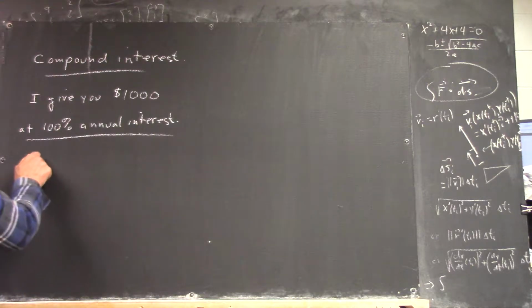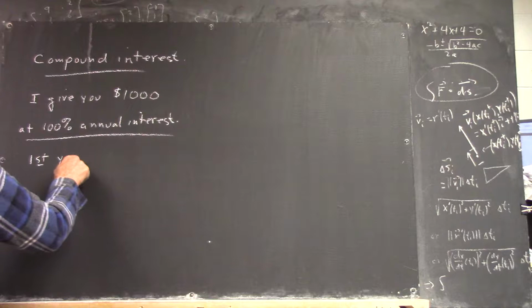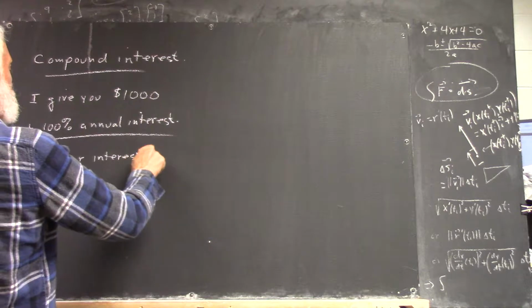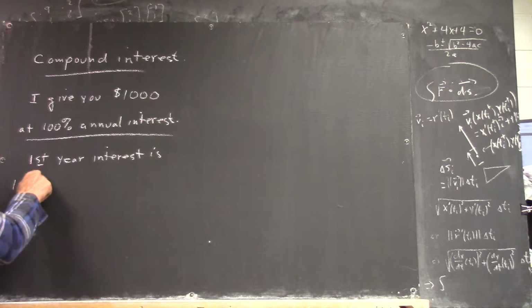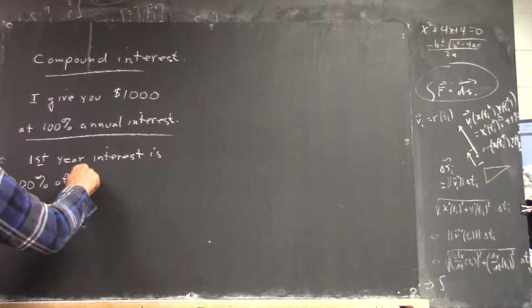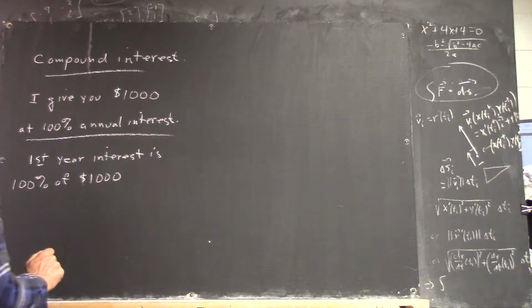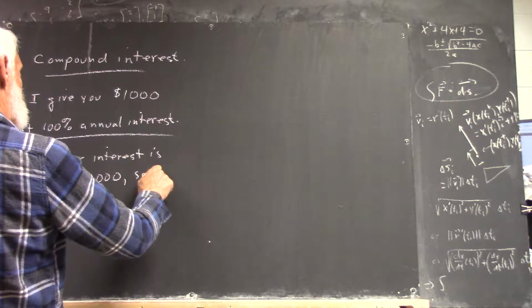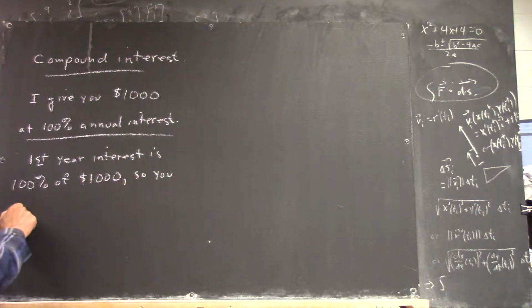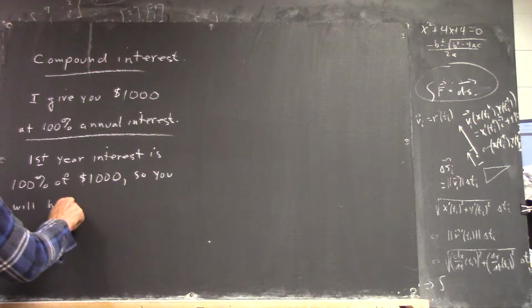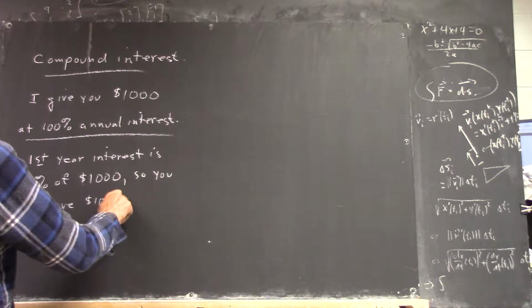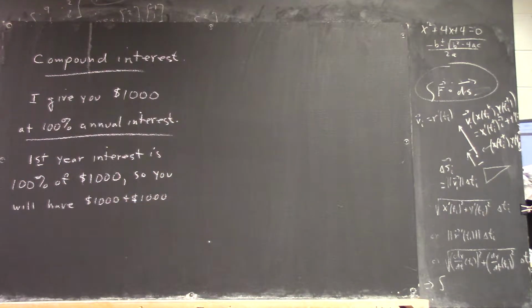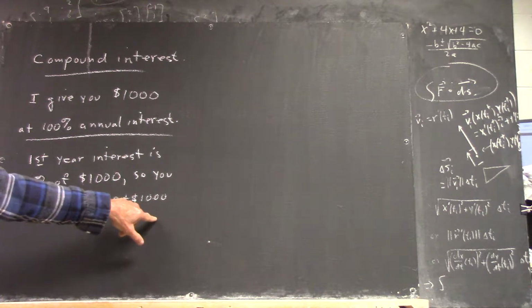So first year, the interest is 100% of $1,000, okay? So you have $1,000 plus $1,000. I mean, you'll have your money plus your interest, right?